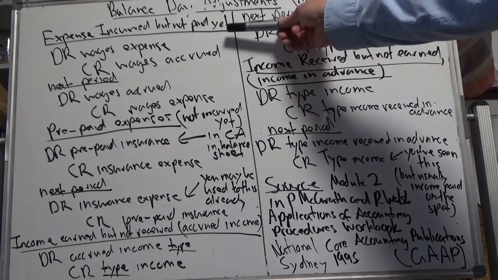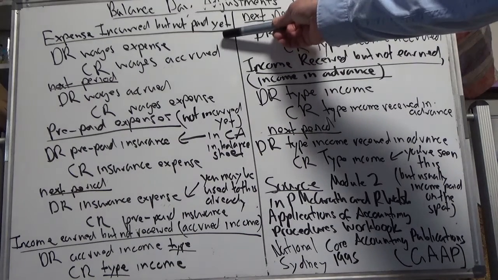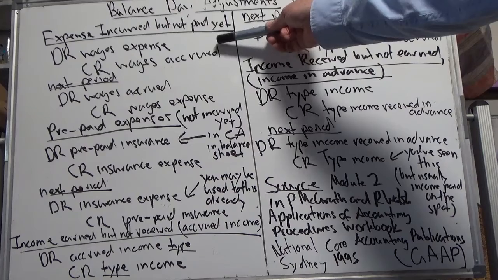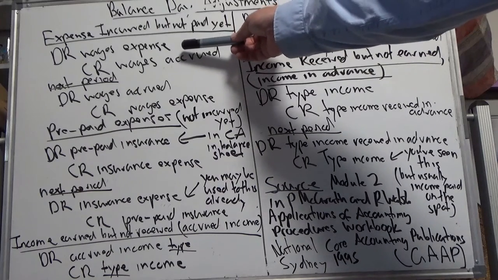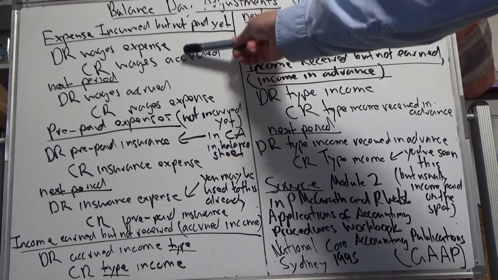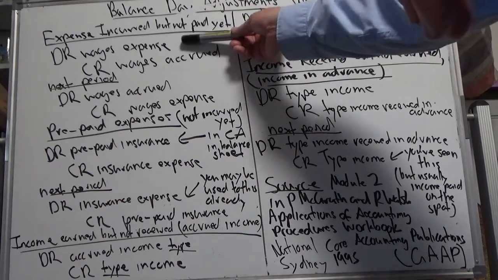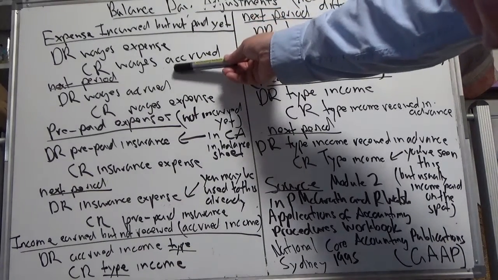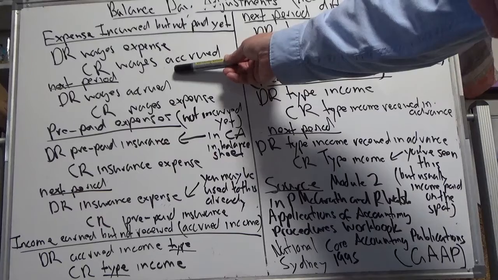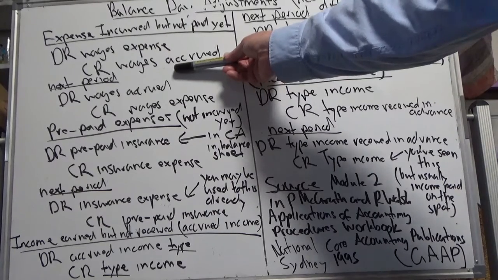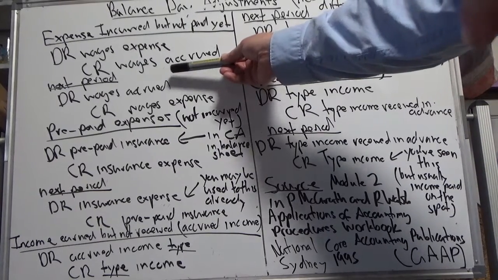So this is one. Expense incurred but not paid yet. And an example is wages. So you debit the wages expense. So what we mean here is you've incurred the expense, right? But you haven't paid for your expense yet. So you debit wages expense and credit wages accrued in the first period, period 1, whether it's a month, a quarter, a half year or a year.